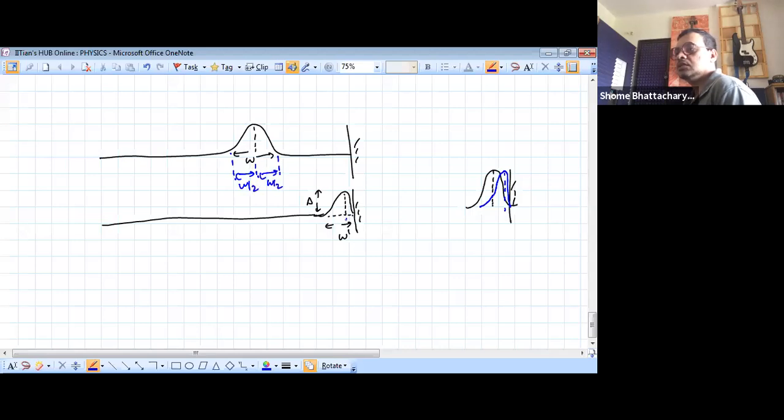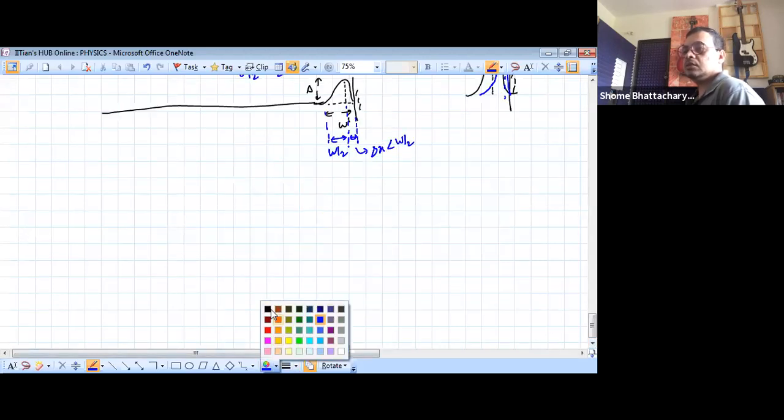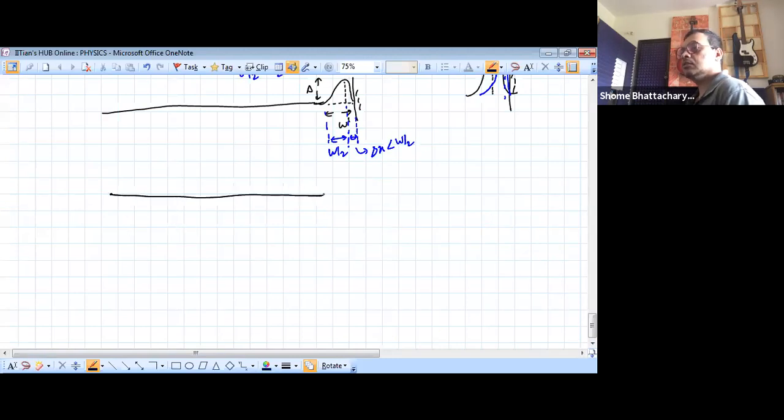Now here in this diagram, this is W by 2, but this is becoming a value which is smaller. This is some delta X which is less than W by 2. So first the width reduces. Next, what we observe in the next screenshot is that the size of the pulse also decreases.